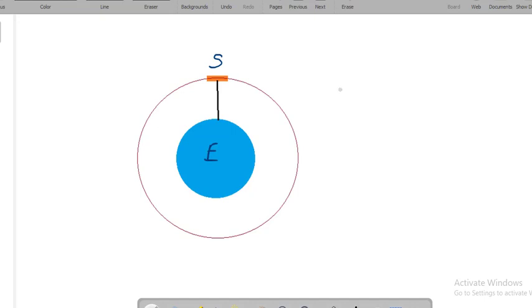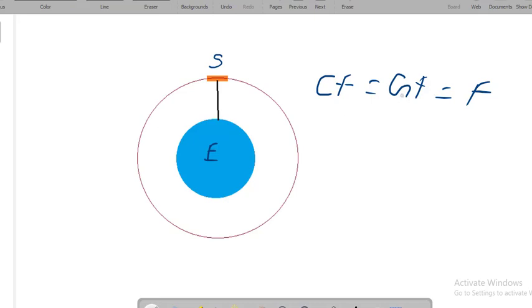Forming a circle. For moving along a circular path, centripetal force is required, and this centripetal force is provided by the gravitational force of attraction between the satellite and the earth. So both are equal to F, they are one and the same thing.